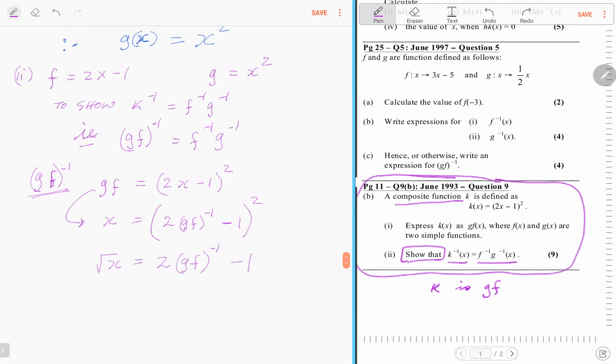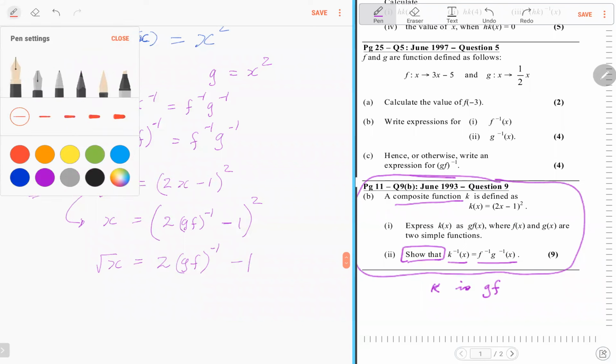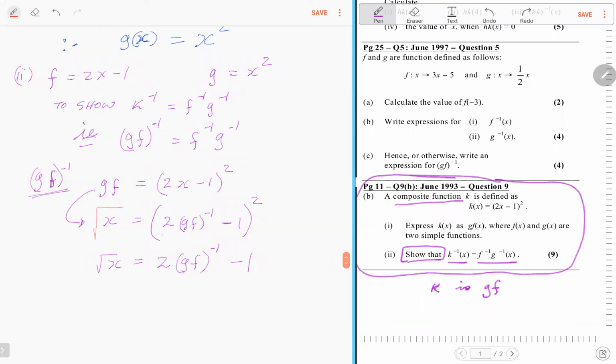What we did was square root this side and square root that side. This square root will wipe out that 2, and the square root of x comes back here, and it has nothing to wipe it out. So that's what we have.